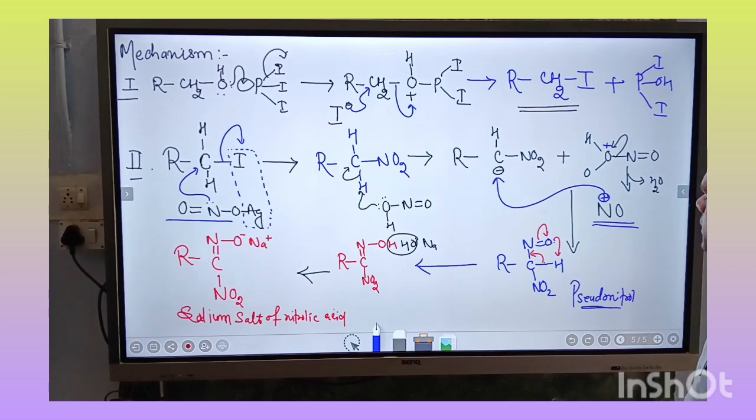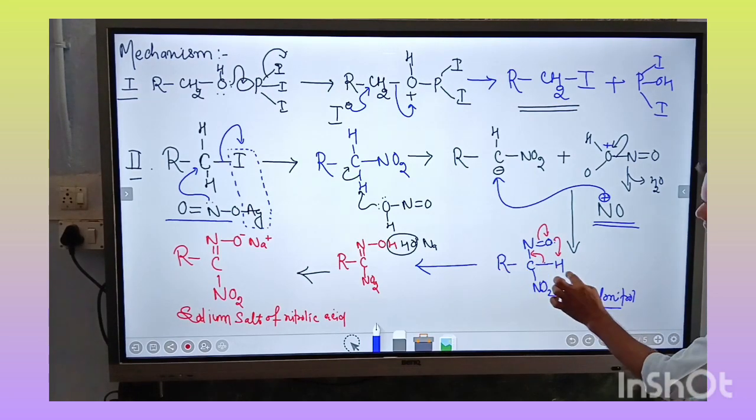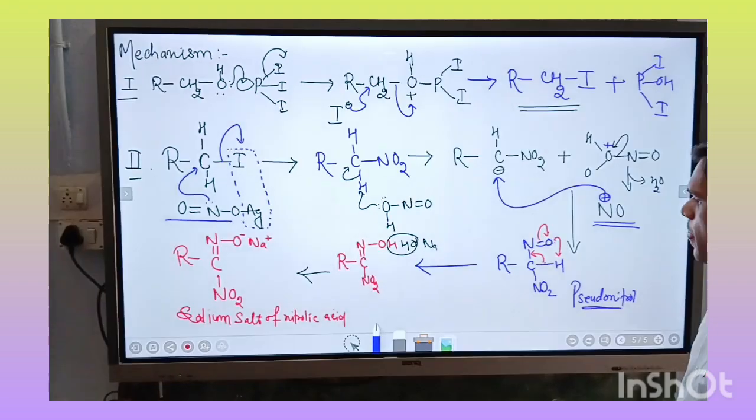If it is tertiary alcohol, the reaction stops at this stage due to the lack of acidic hydrogen, because in a 3-degree alcohol, this hydrogen is replaced by an R group.